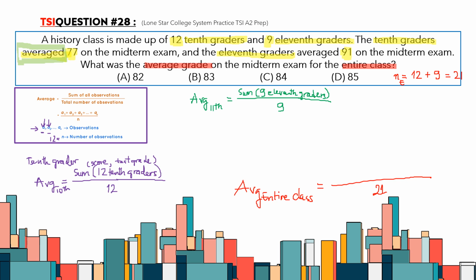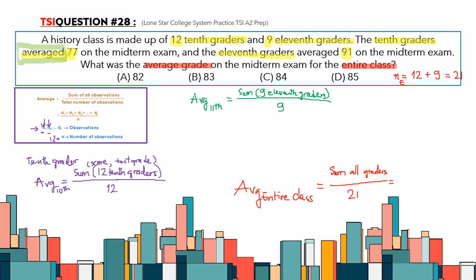Now for the top, we want the sum of all students. Let's write that down. We have the sum of all students over 21.